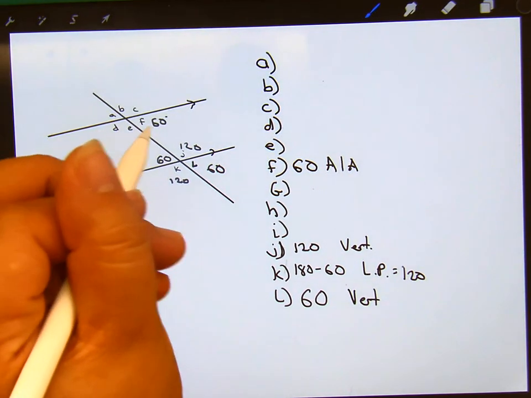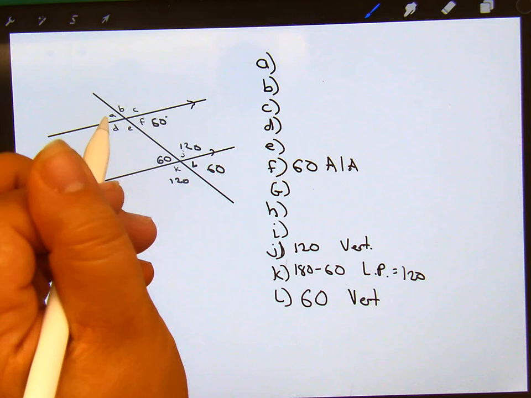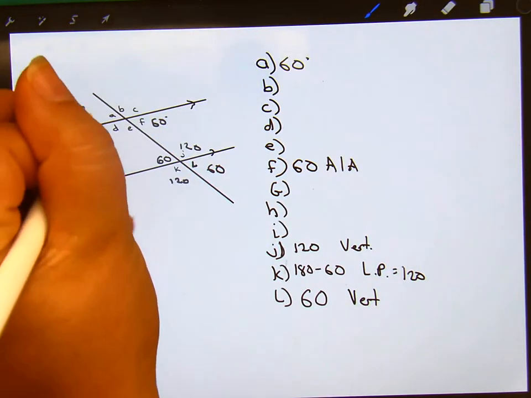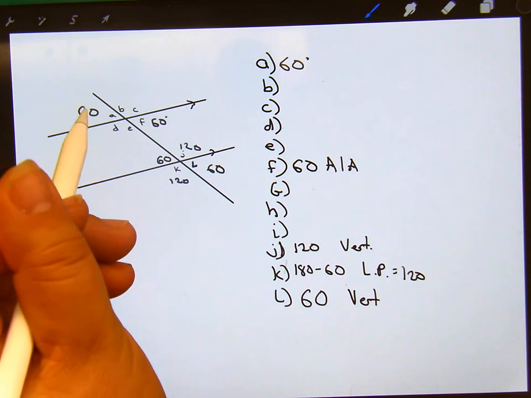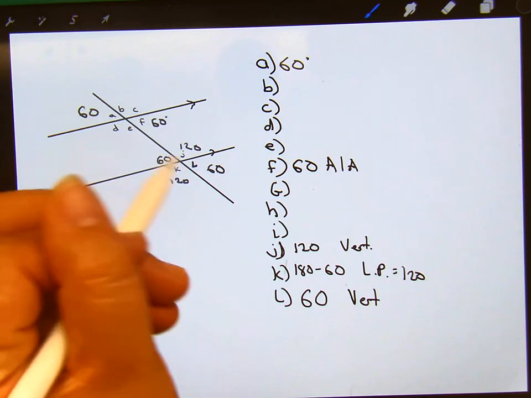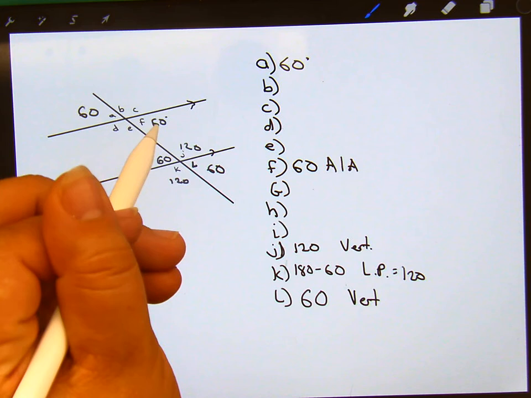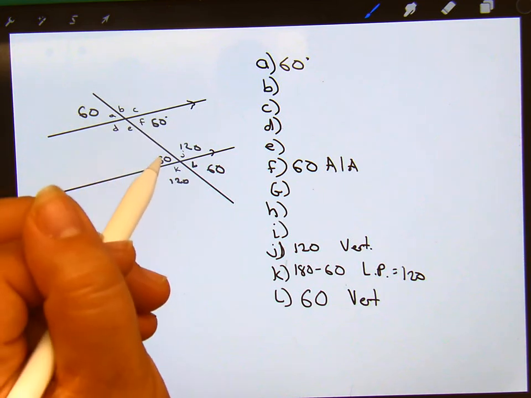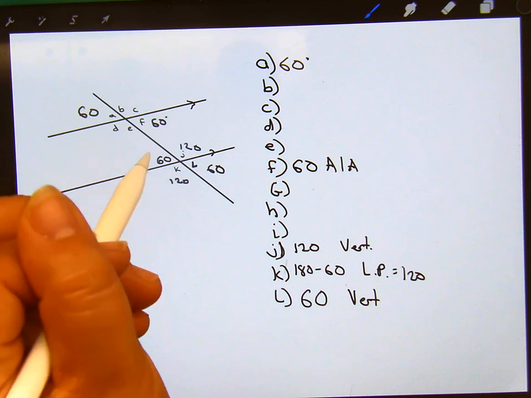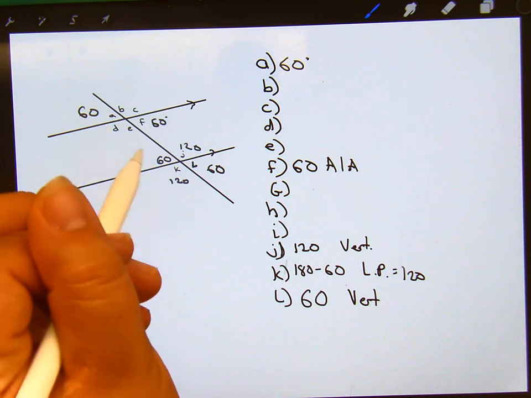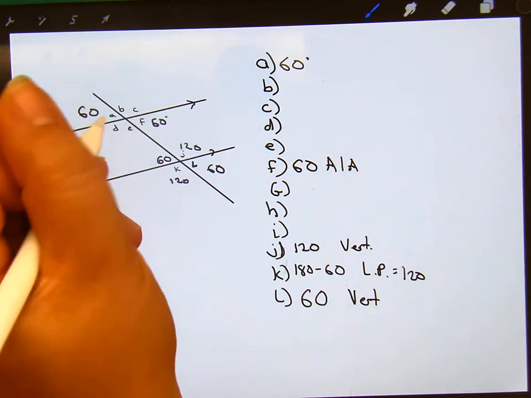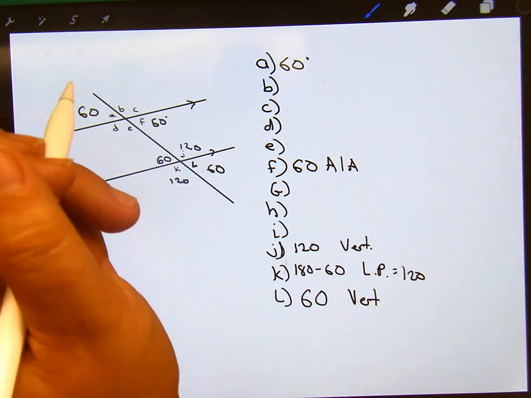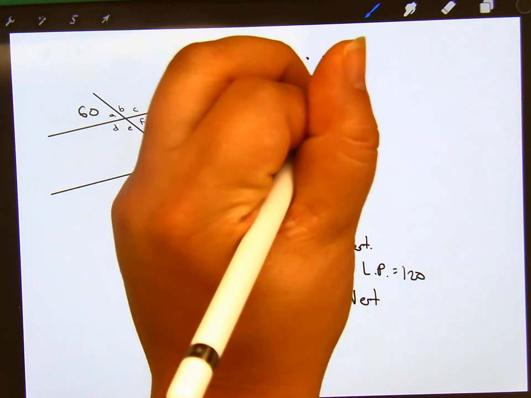Or we could say A is 60 degrees because of alternate exterior angles. Multiple options. You could have also said vertical, or corresponding. All those answers would be absolutely correct. I'm just going to go with alternate exterior angles. So A is an alternate exterior angle.